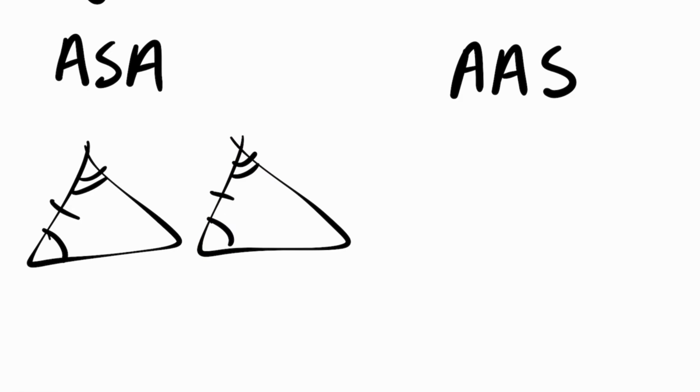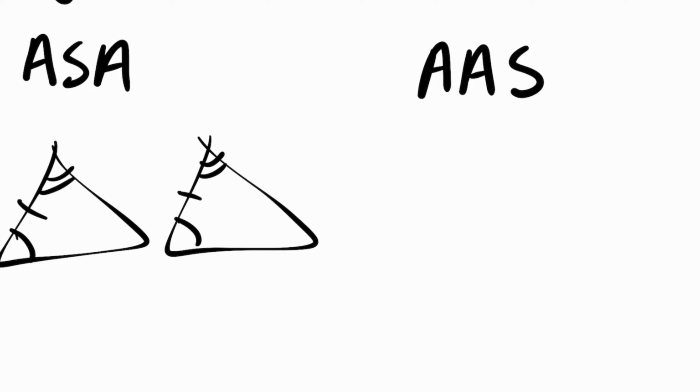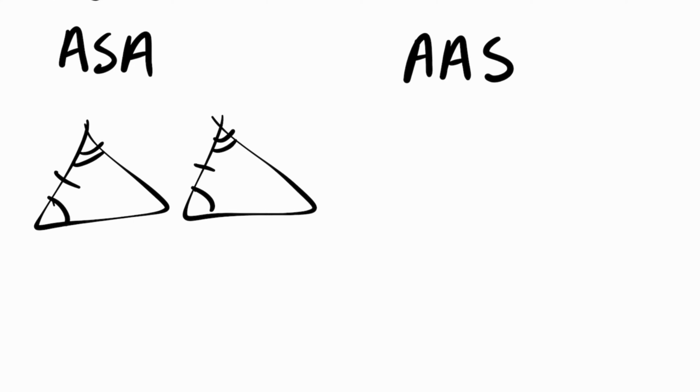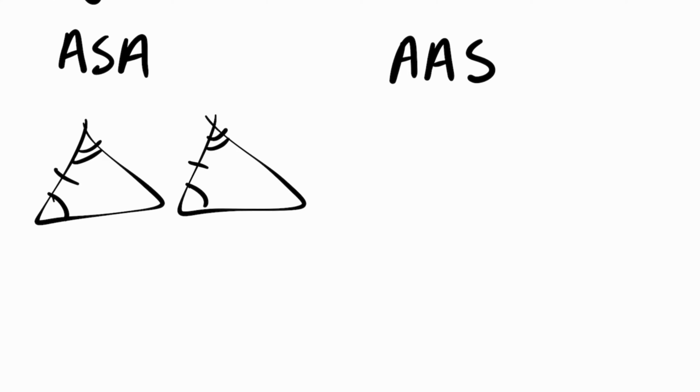Okay, that brings us to angle, angle, side. So these two are really similar because they both have two angles and a side that are marked. Now, like we already saw, ASA has that one side in between the two angles, like we just said.